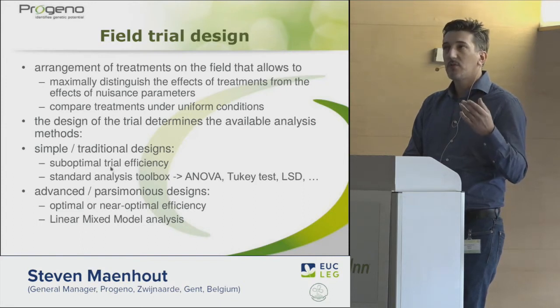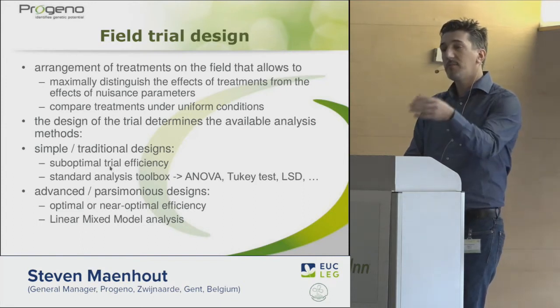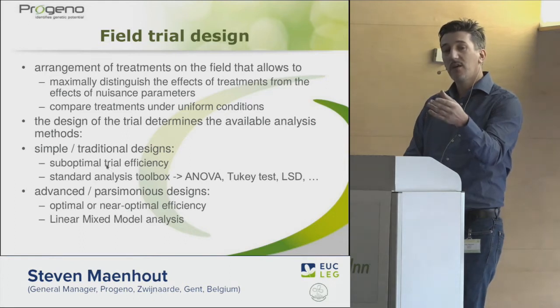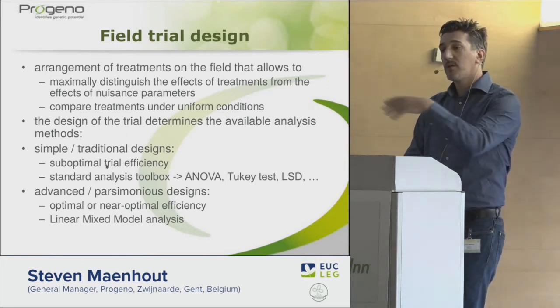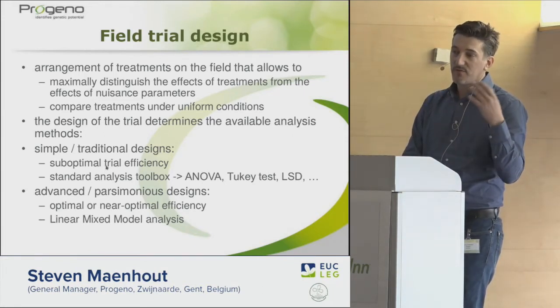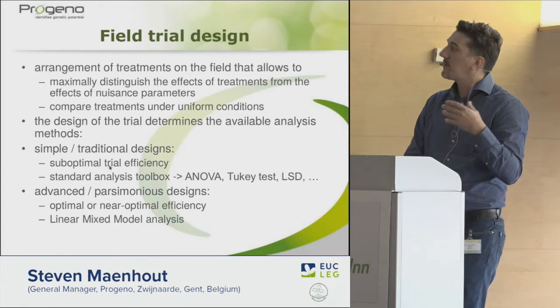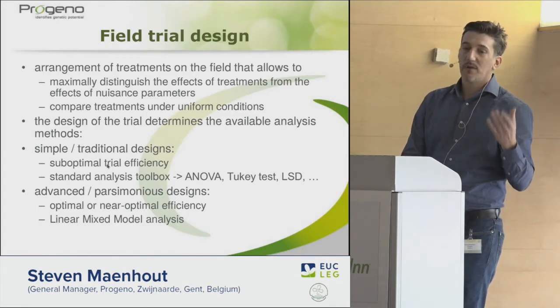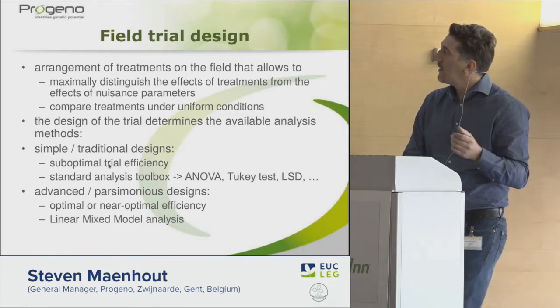The goal is usually to maximize the number of treatments, accessions that you want to screen, versus the number of plots, the surface that you have available. So if that is your definition of trial efficiency, randomized complete block designs often do not win that battle.